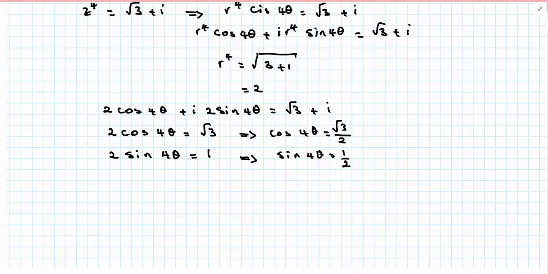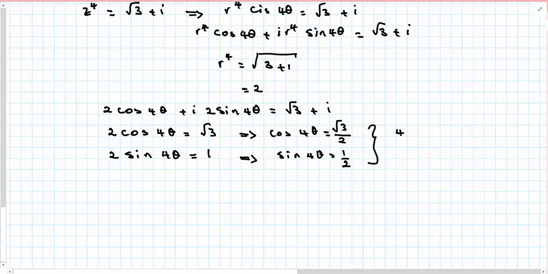Now we know from our right angle triangle trig that the angle that results in root 3 on 2 for cos and 1 on 2 for sine is 30 degrees, or pi on 6. So 4 theta is equal to pi on 6.